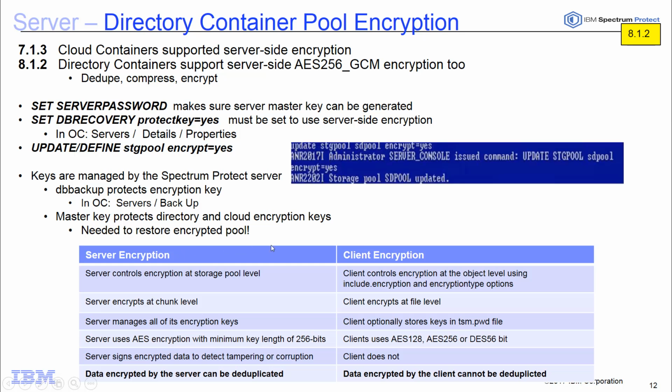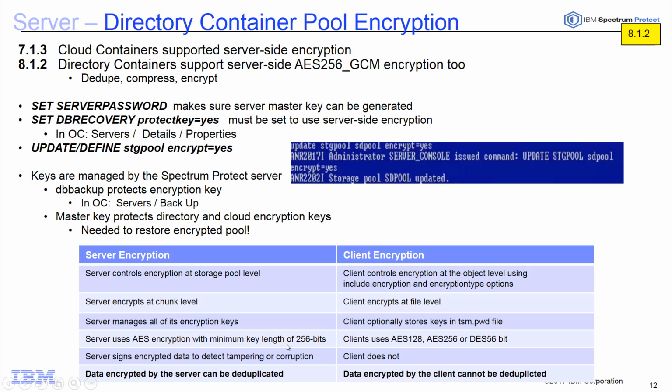So how does server encryption differ from our previous versions of client-side encryption? Well, server-side encryption controls encryption at the storage pool level versus client encryption, which controls encryption at an object level using the include.encryption and encryption type options. The server encrypts at a chunk level versus the client, which encrypts at a file level.